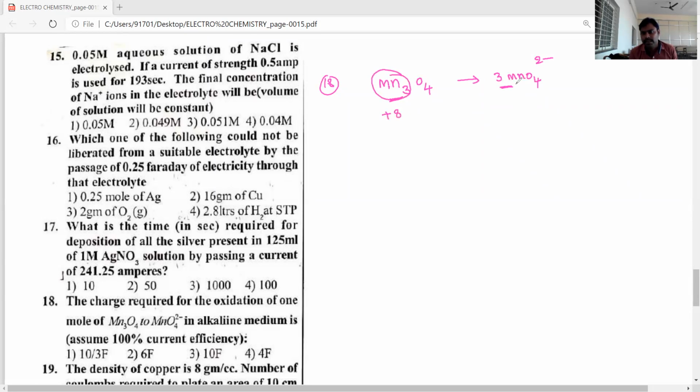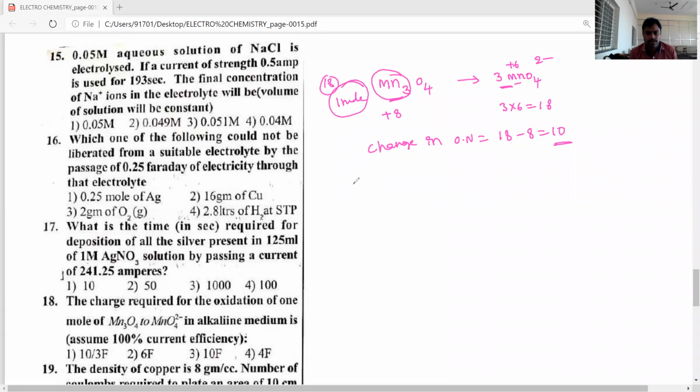Here each manganese oxidation state is +6, so 3 into 6 is equal to 18 units. So the change in oxidation number is 18 minus 8, which is 10. For 1 mole, it is forming 3 moles. Complete 1 mole.